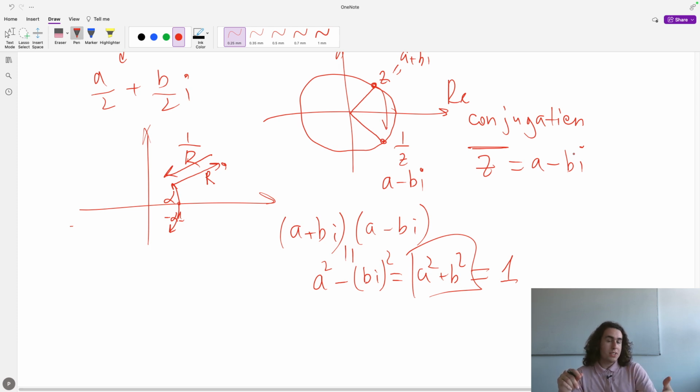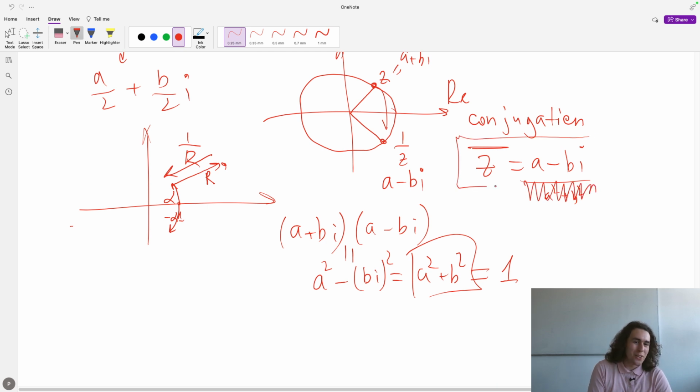It's only 1 over z for numbers on a unit circle. Otherwise, this is the formula for the conjugate, and if I want to get 1 over z, then I would need to take this number and divide it by a squared plus b squared. Okay.